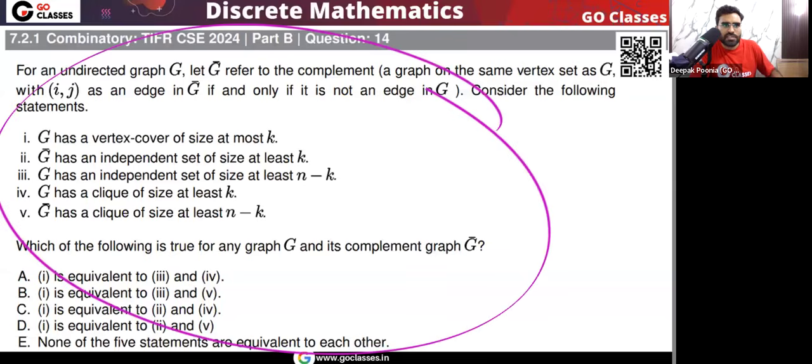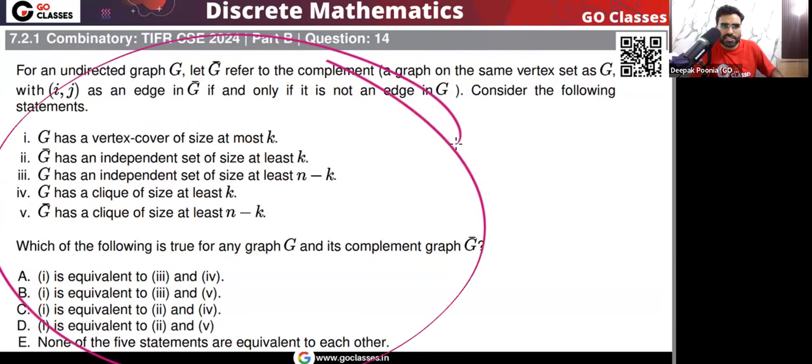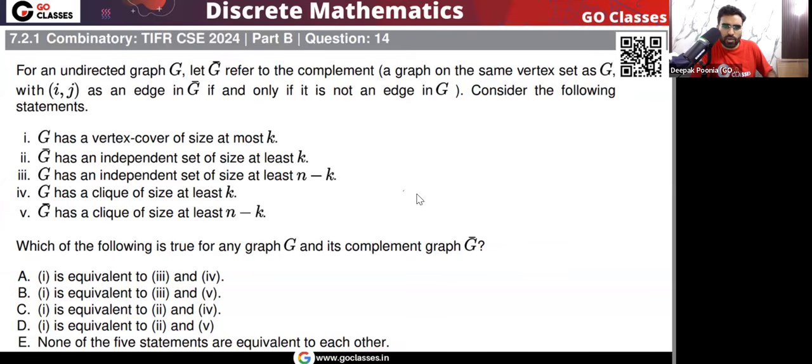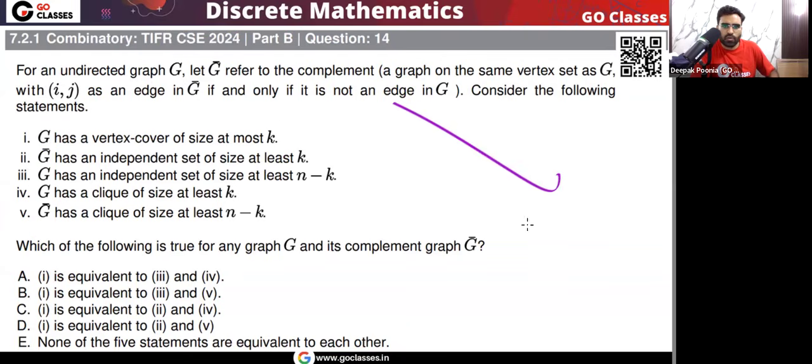Now let's solve this TIFR CS 2024 question. Every concept that is needed to solve this question, we have already seen. We have done the recap of all the concepts required, we have seen the proof, everything. Now you can solve this question very easily. So the question is saying, for an undirected graph G, G complement is the complement of the graph.